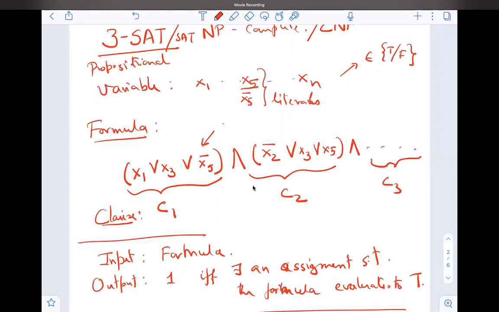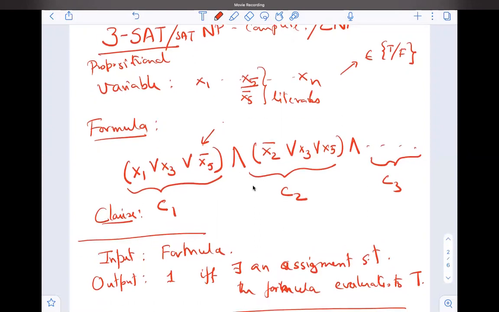The variables are x1 through xn. Okay, let's see what happens in that case.